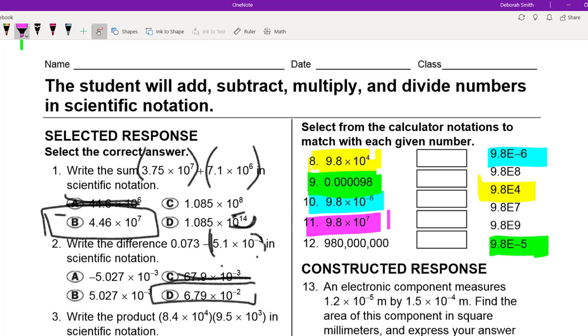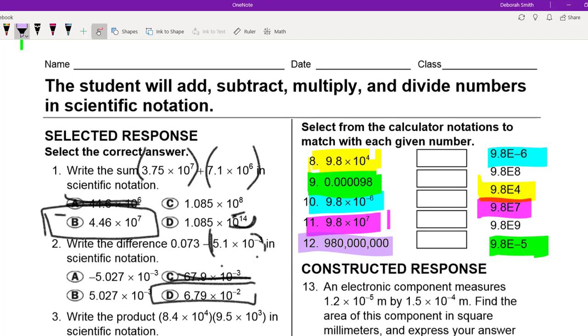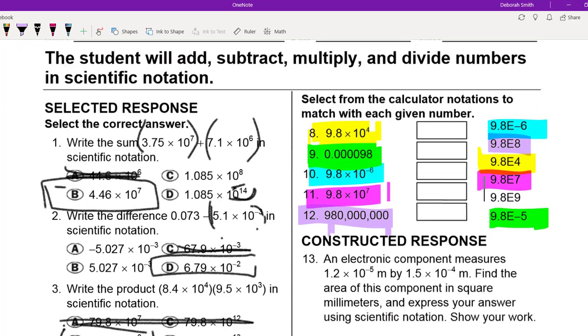This one matches that one. This last one you actually had to do a wee bit of work there. This one, we've moved that decimal how many times to go from the end, this one right here, to in between the 9 and the 8. Goes with that one. You moved it 8 times, not 9 times. Alright, keep scrolling down.